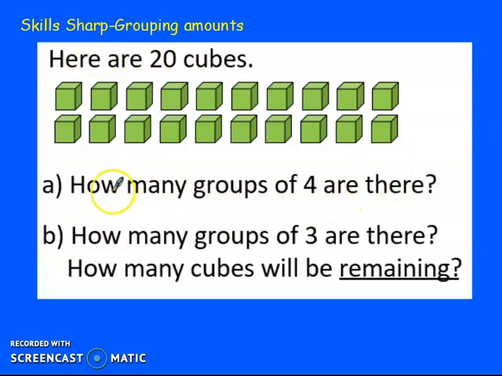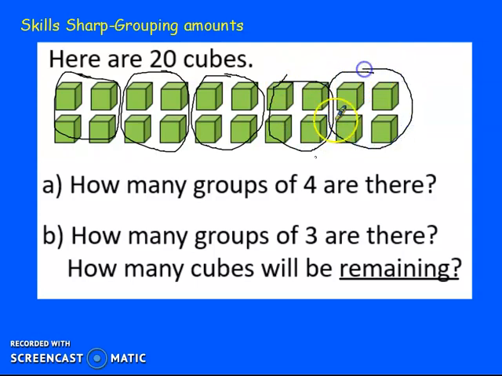So here are 20 cubes. So you can do your quick maths in your head to work that out, as it is 20 divided by 4, or we can group them. So 1, 2, 3, 4, let's group those. 1, 2, 3, 4. See, I'm grouping those groups of 4.